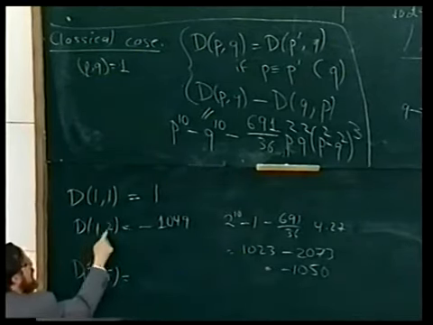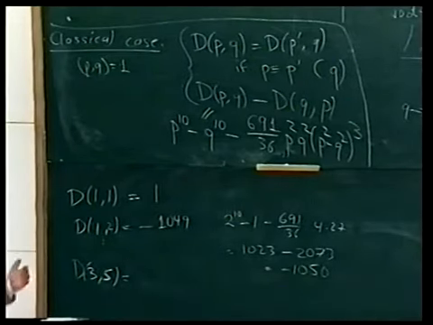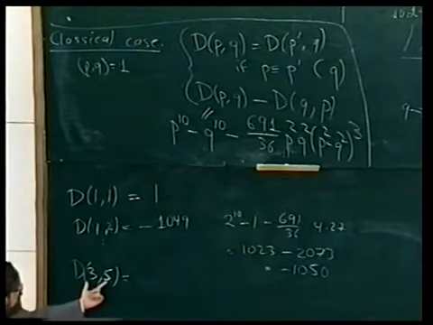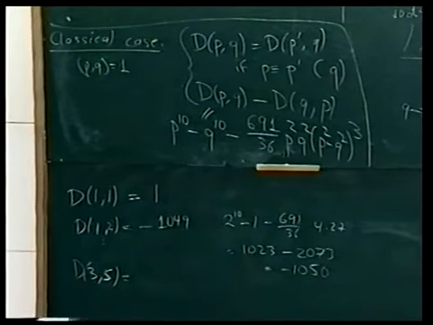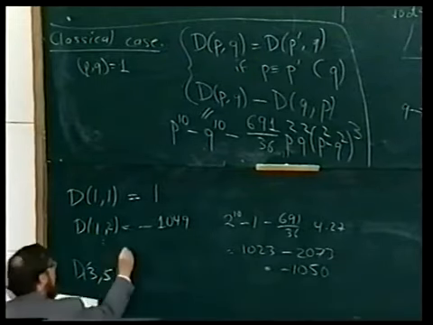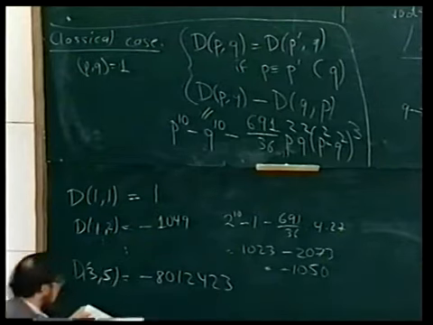This is the smaller number, so this corresponds to 1 mod 2, this is 3 mod 5. But the point is that by reciprocity and periodicity, you just use the Euclidean algorithm. I can replace 3, 5 by 5, 3 using the duality, and then I can reduce 5 mod 3, and then I have D of 2, 3, and then I can interchange them, and I continue to D of 1, 1. This is just an example, and so on, so you get some numbers.